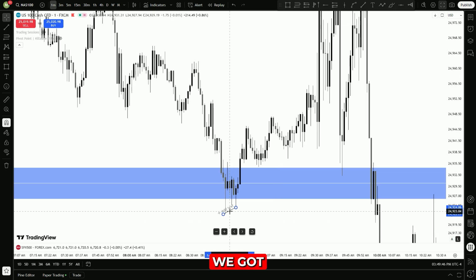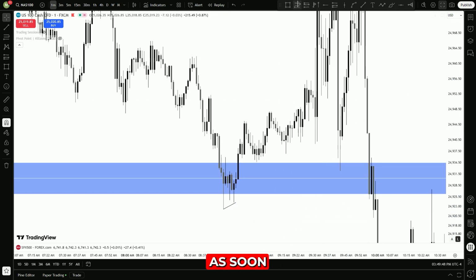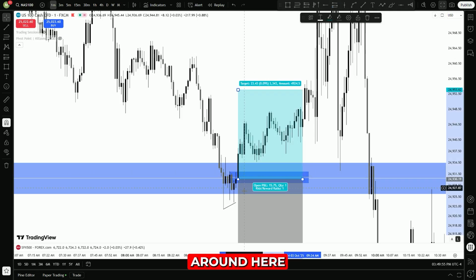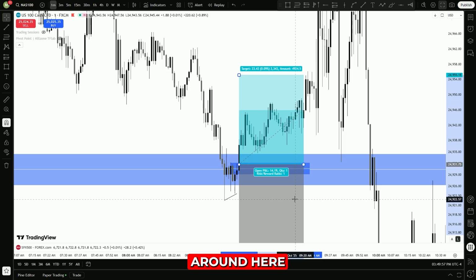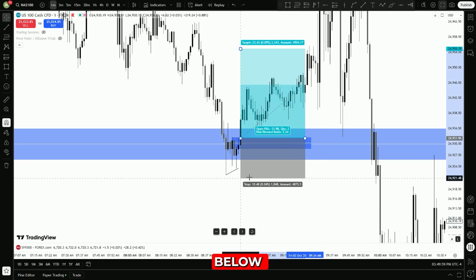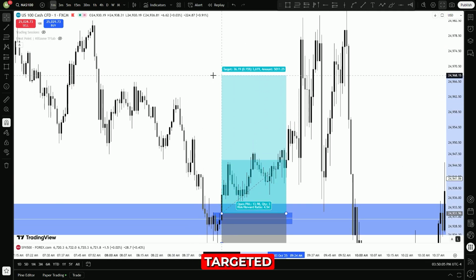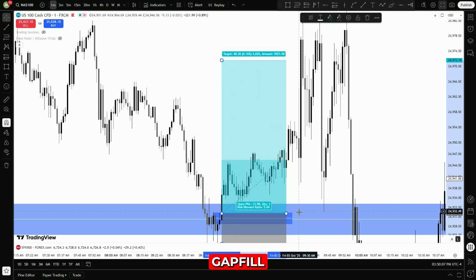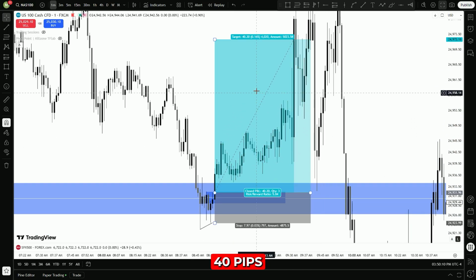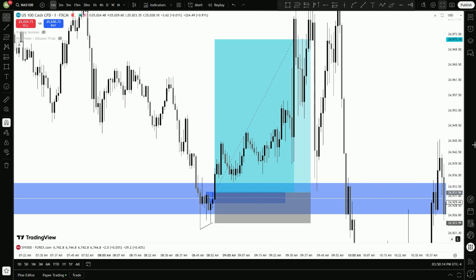As soon as we close above this area, this is where I enter, like somewhere around here. I took my stops below this area, which is like 7 pips, and I was like, if we broke this area, I'm done, and targeted this FVG gap fill. 40 pips, I'm done for the day. There's nothing for me, I'm good to go.